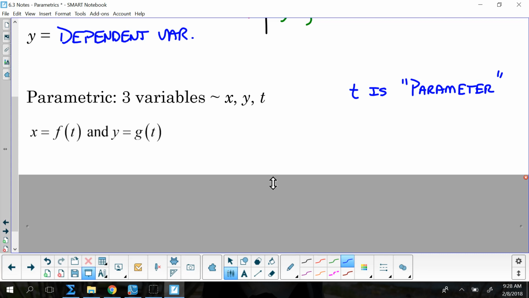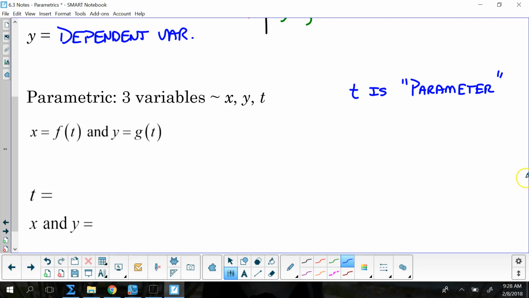Which then means that t now becomes our independent variable, and both x and y then are our dependent variables.